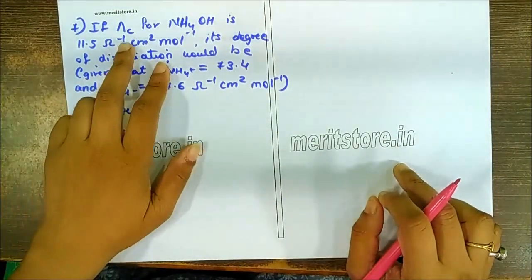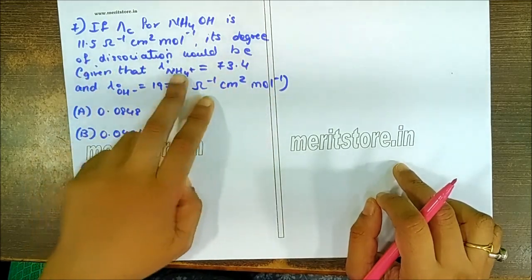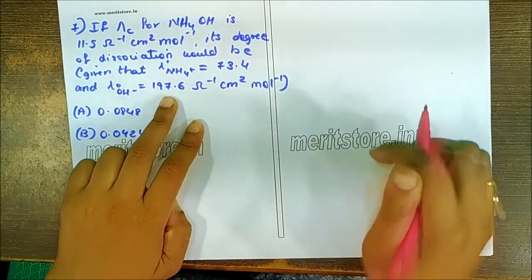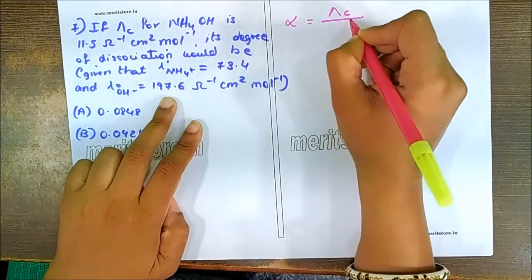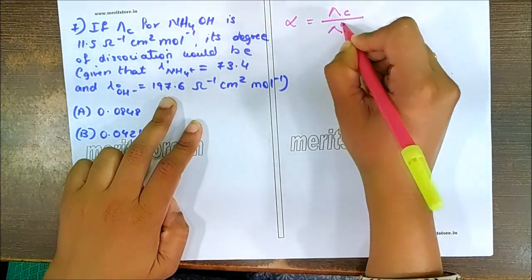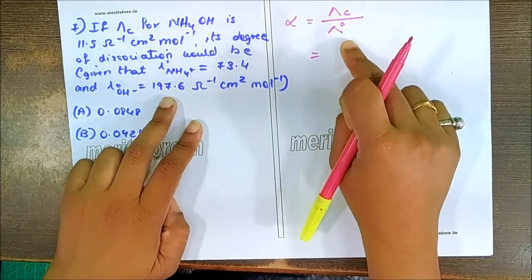If the molar conductance at concentration C for NH4OH is given, we have to calculate its degree of dissociation. Alpha is always the molar conductance at C divided by the molar conductance at zero concentration.